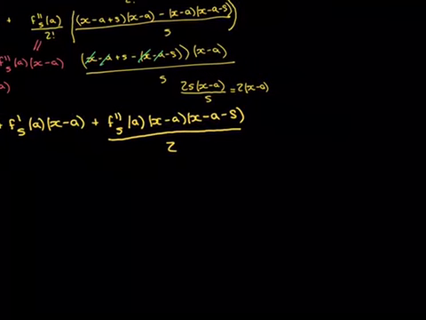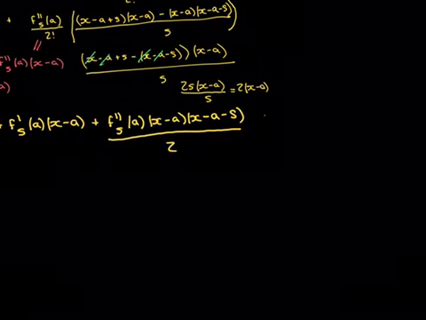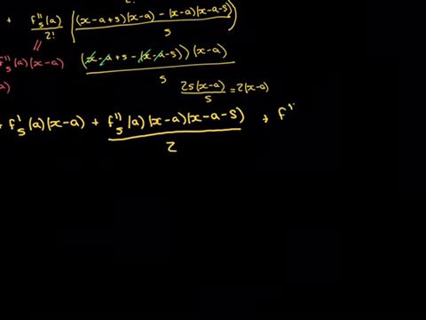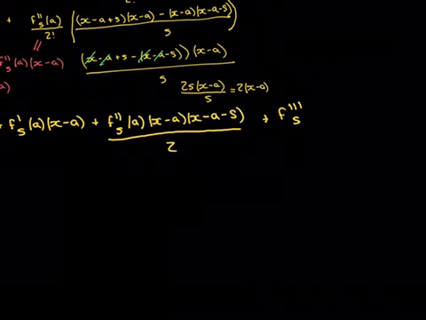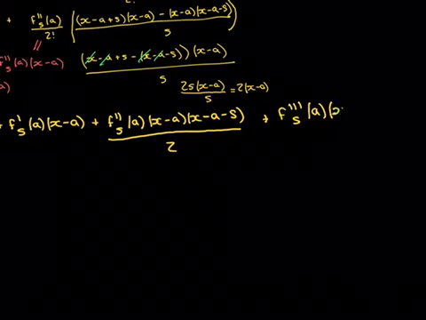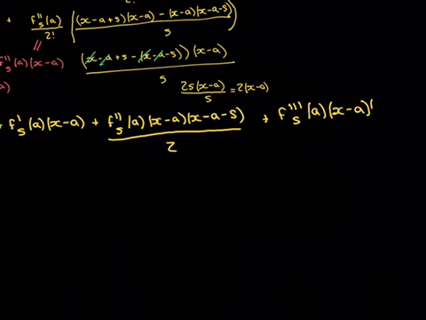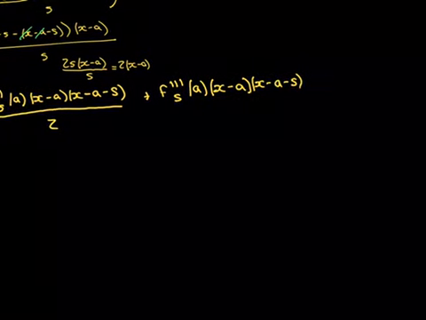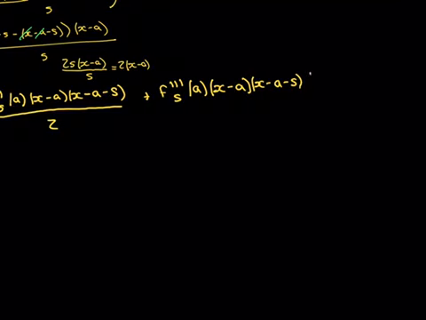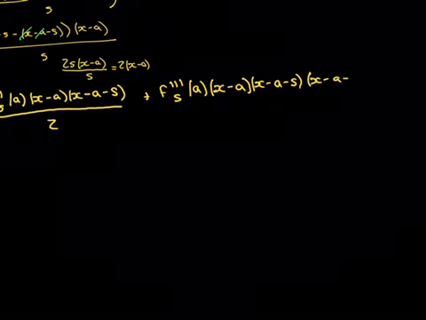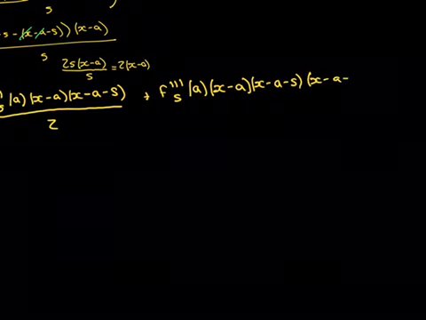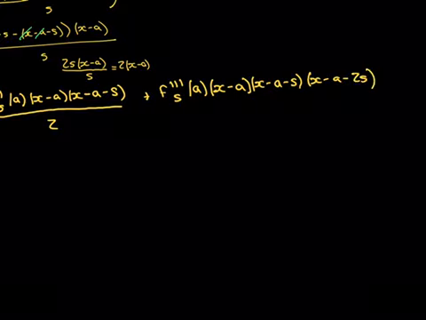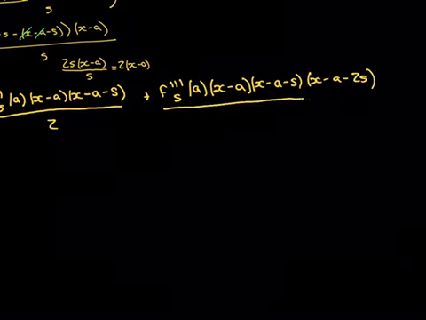Now the final term that we're going to add on, hopefully you can work it out just with intuition now, is the third derivative evaluated at a, and then we're going to have x minus a to the power of 3 falling where the difference is s. So it's going to be x minus a, times x minus a minus s, and then x minus a minus 2s there. And then it's going to be over 3 factorial.